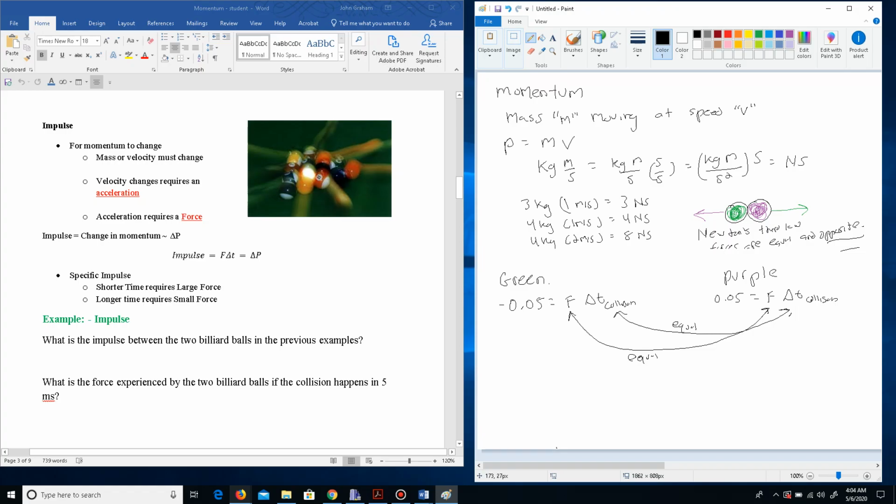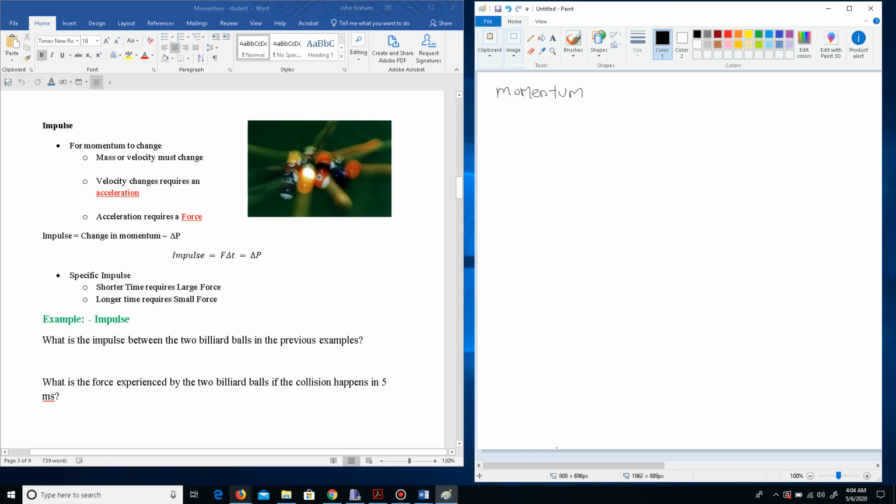Alright, so when it comes to impulse, if you have a specific impulse, then the shorter time requires a larger force, and a longer time requires a smaller force. So let me give you an instance, and this is the one I tend to go with.